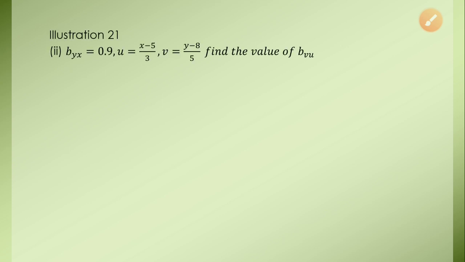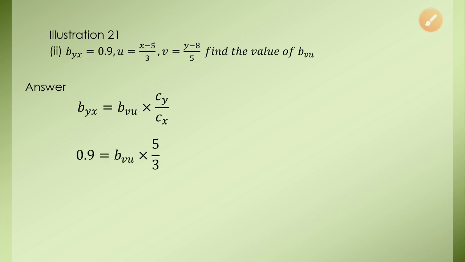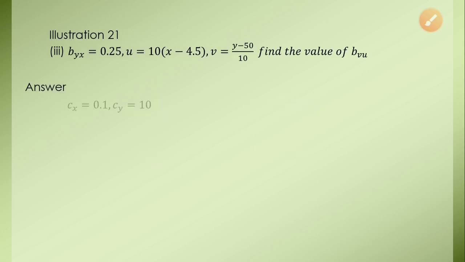In sum number 2, you can see in u 3 is divided, so cx is 3, and in v 5 is divided, so cy is 5. If you put these in this formula, it's easy to solve. In the third sum, 10 is multiplied in u, and I told you if anything is multiplied, you have to take a reciprocal.